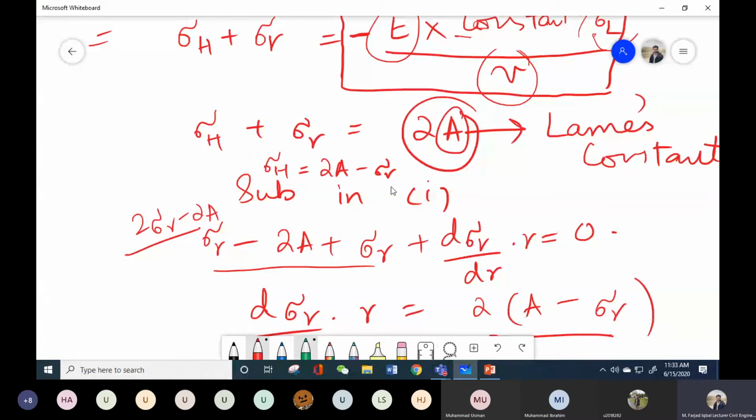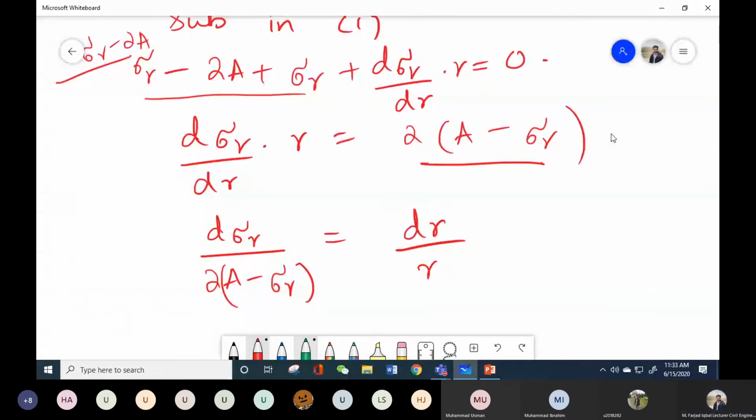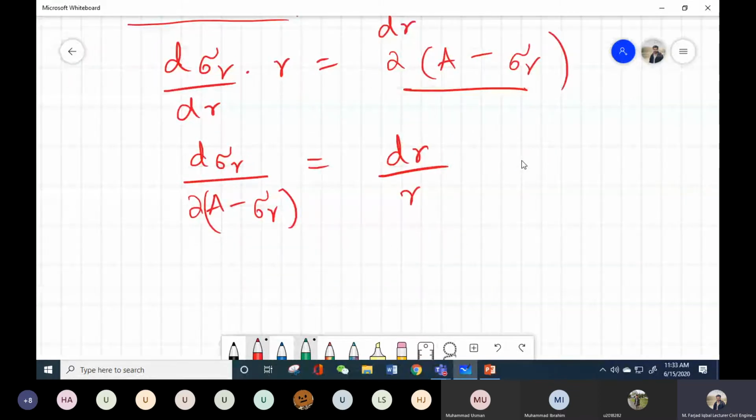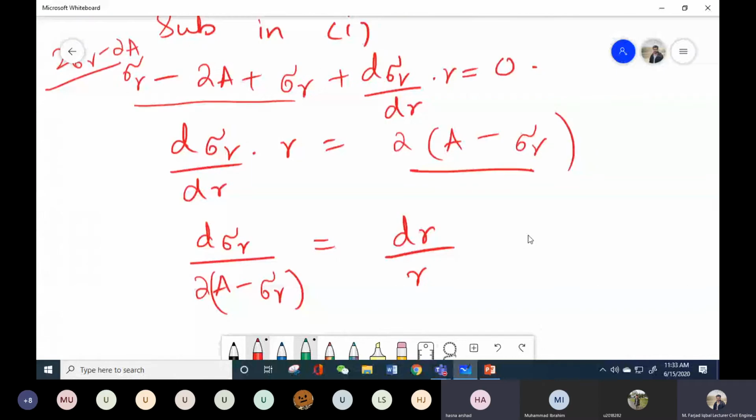Just give me a moment. Sigma L is not positive with it. Positive sign with sigma L. Sigma r, you mean? This one?